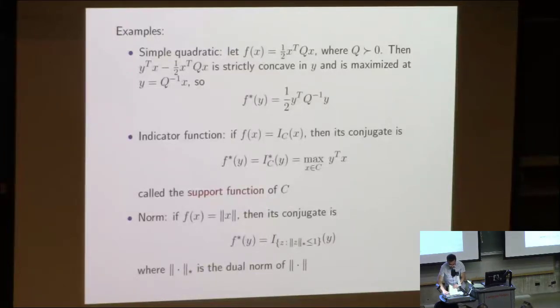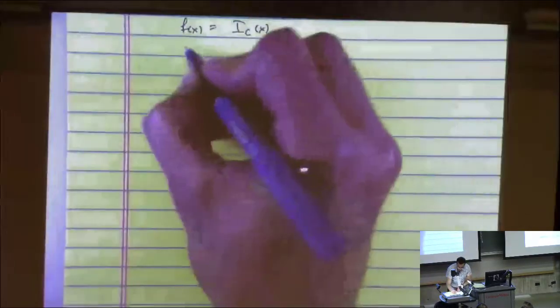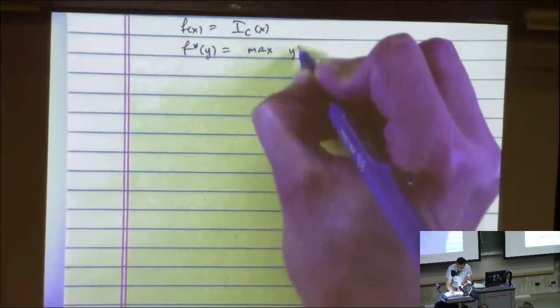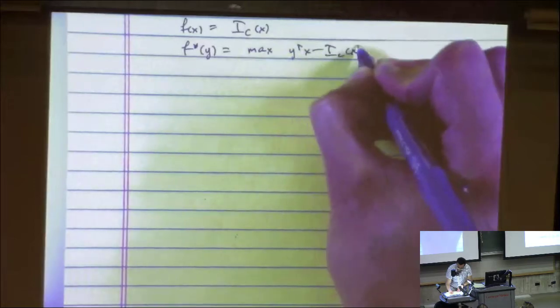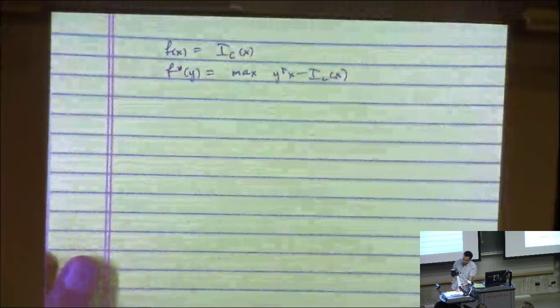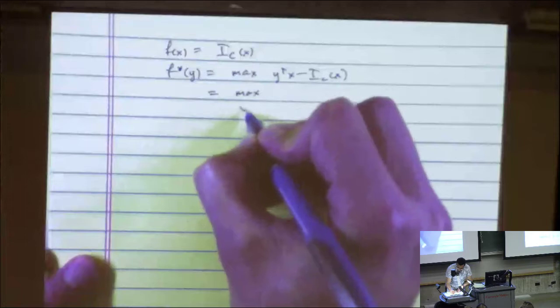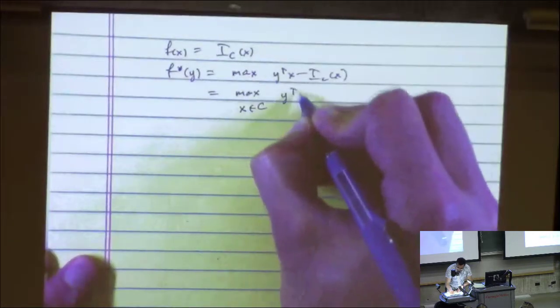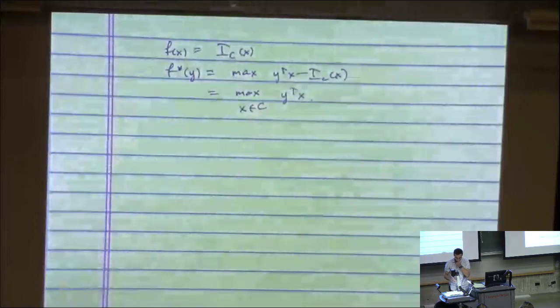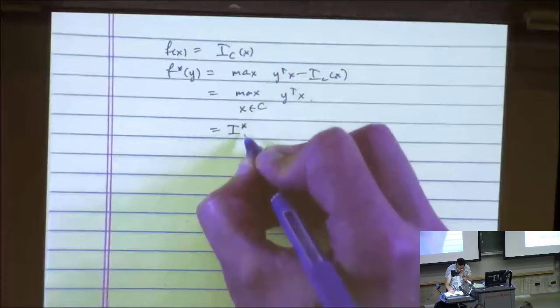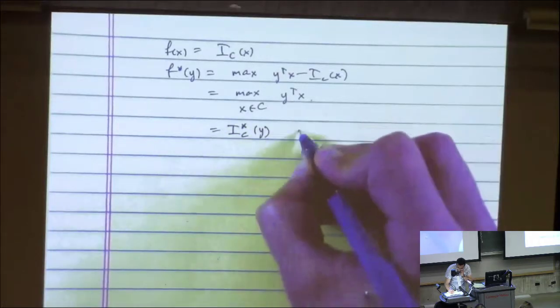If f of x is just the indicator of x lying in some convex set C, then its conjugate is the max of y transpose x minus the indicator function of C at x. But this thing is either 0 or infinity, so this is nothing more than the max over all x in C of y transpose x. And that is what we call the support function. This is the support function of C.